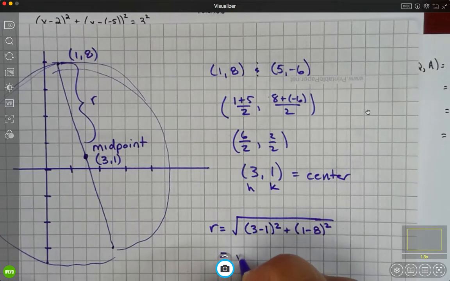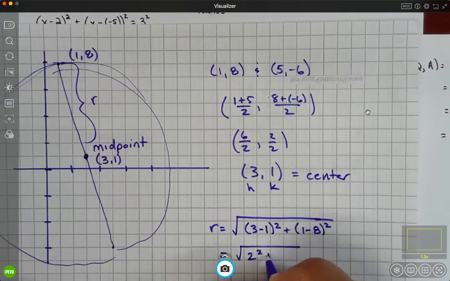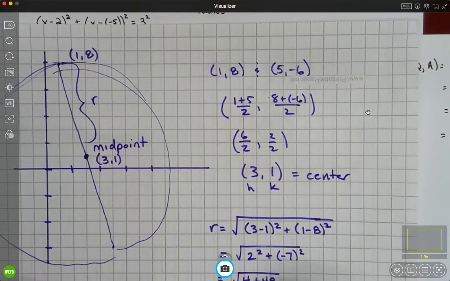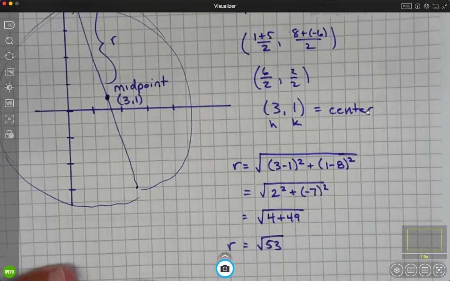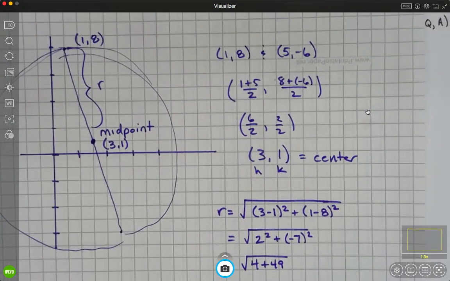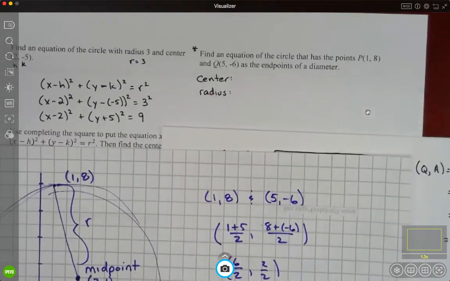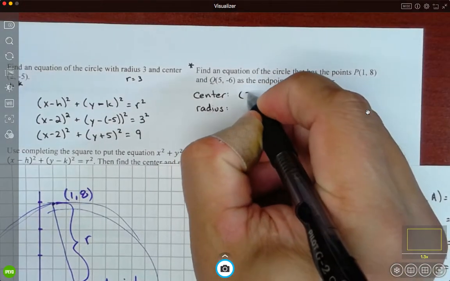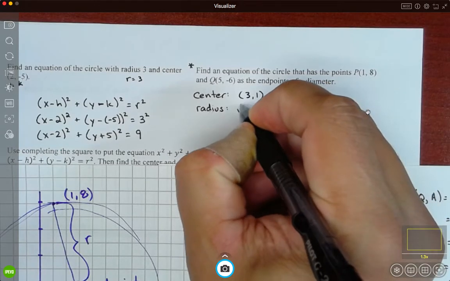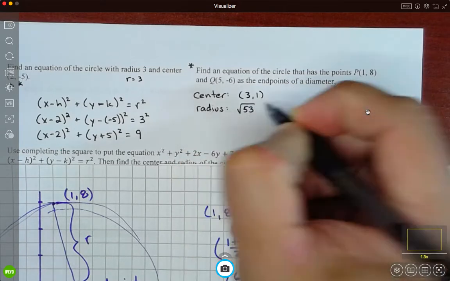That's going to give me 2 squared plus negative 7 squared. 4 plus 49. The square root of 53 is our radius. So, sorry about that, off the page. All right, so when I know what the center and the radius is, center is 3, 1, radius, square root of 53, now I can plug it back in.